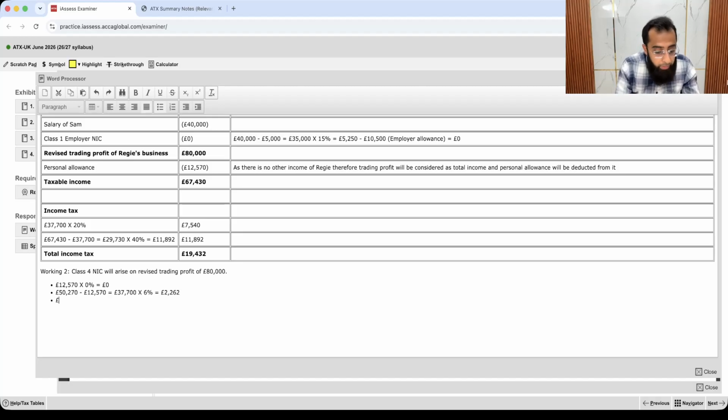And on remaining £80,000 minus 50,270, that is 29,730 at 2%. So that is my revised class 4 NIC.